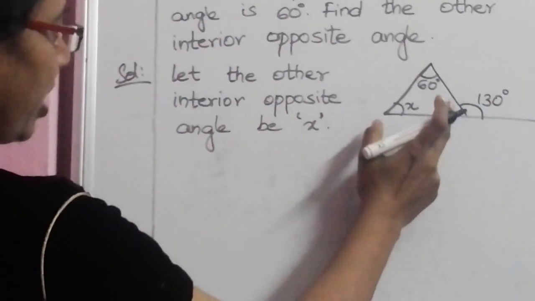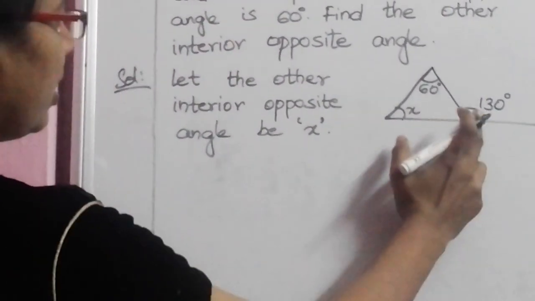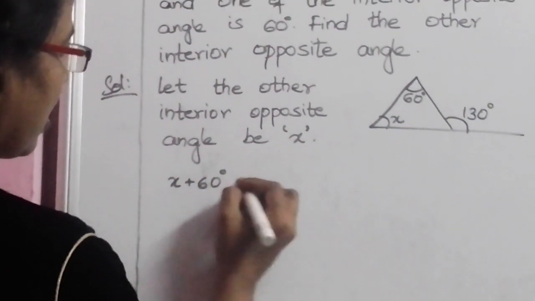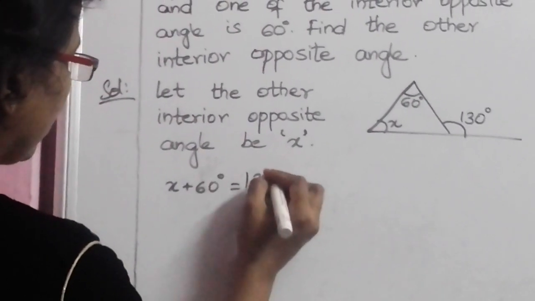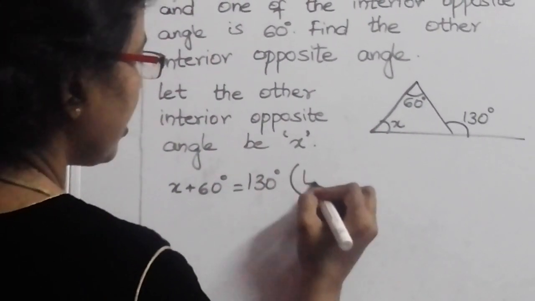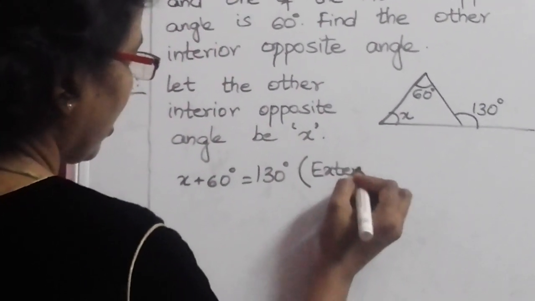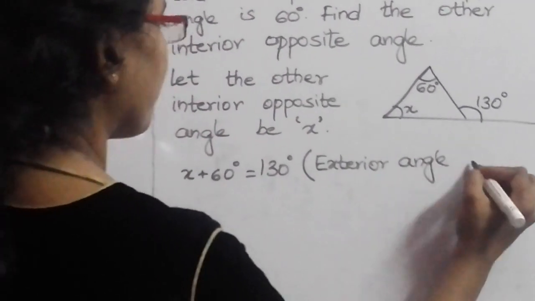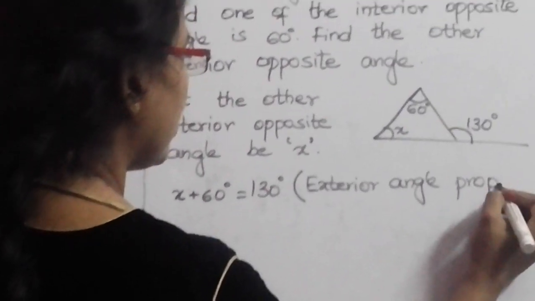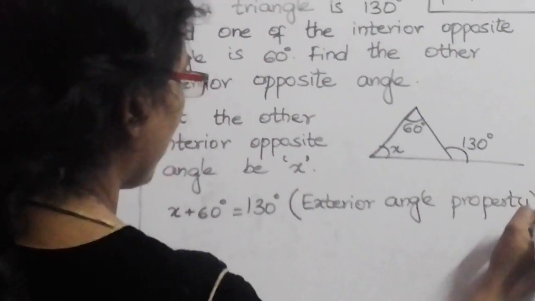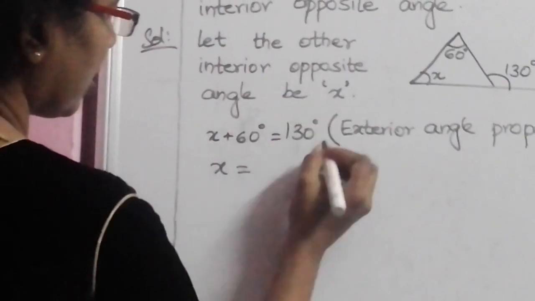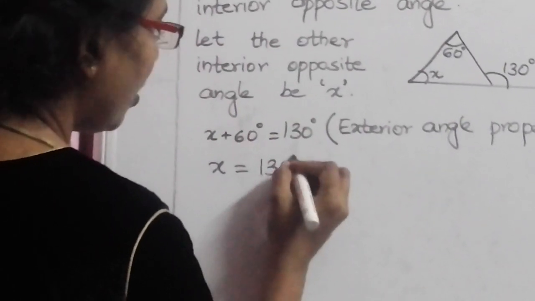So now using the exterior angle property, we know that x plus 60 degrees is equal to 130 degrees. What is the reason? Exterior angle property.